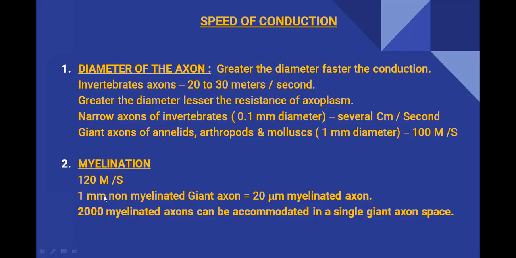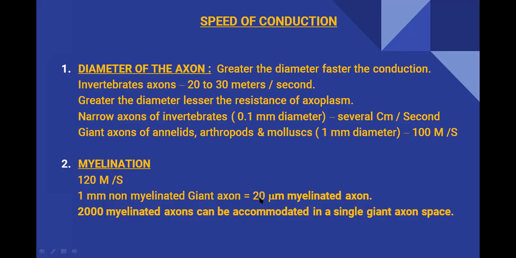It is very interesting to know that the diameter of giant axons is around 1 millimeter, and we have already seen that in giant axons the nerve impulse propagates at 100 meters per second.